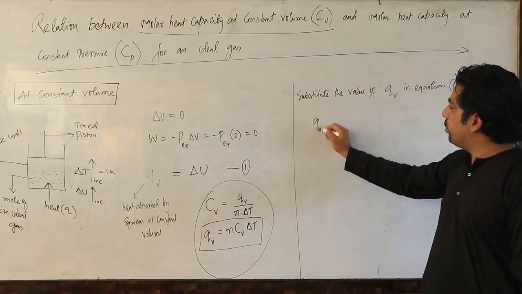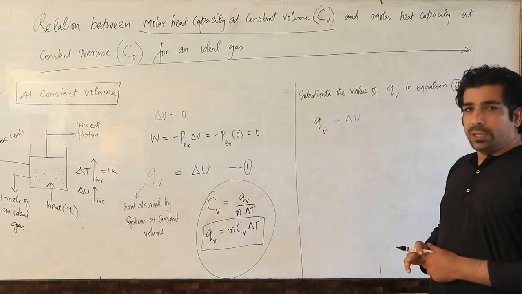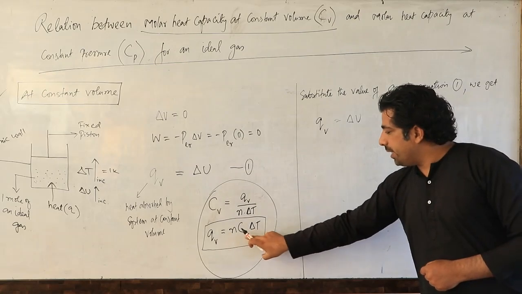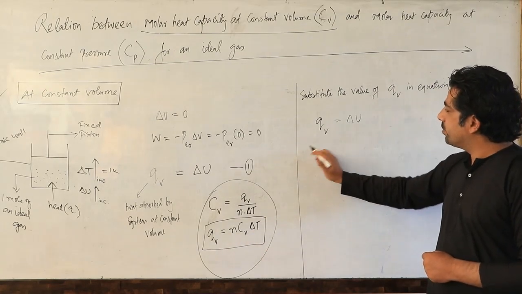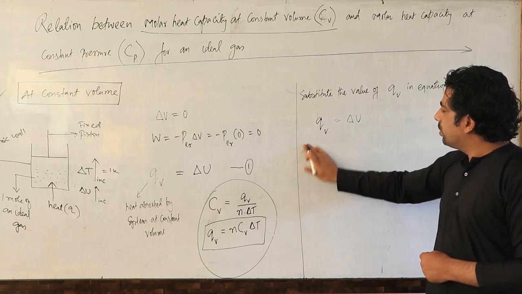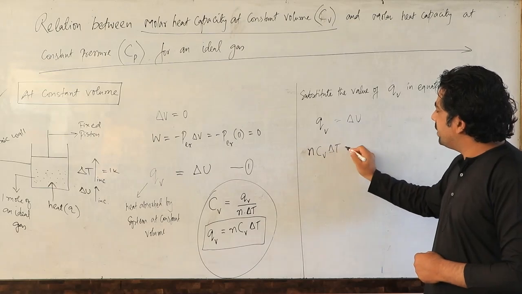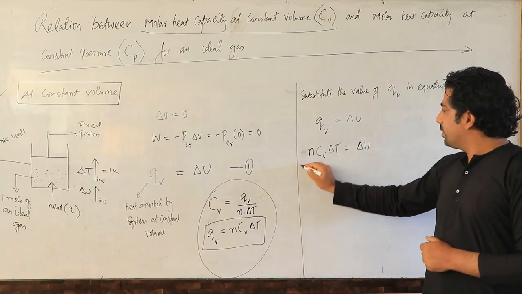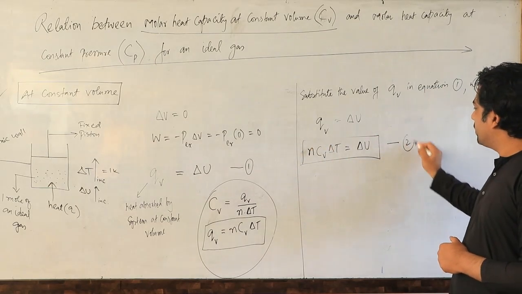We know that QV is equal to delta U. So in place of QV, I can write down NCV delta T. NCV delta T is equal to delta U, my dear friends. So let us call it our equation number 2.